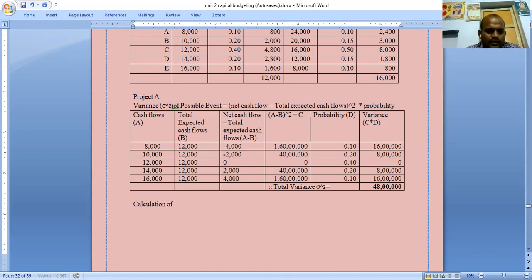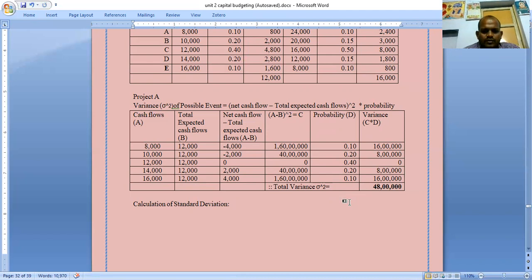Now calculation of standard deviation. That is root of sigma square, root of variance. So root of variance is equal to root of 48 lakhs.